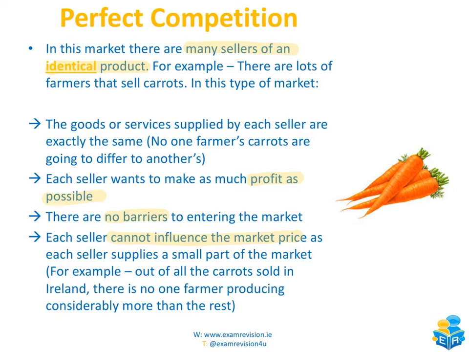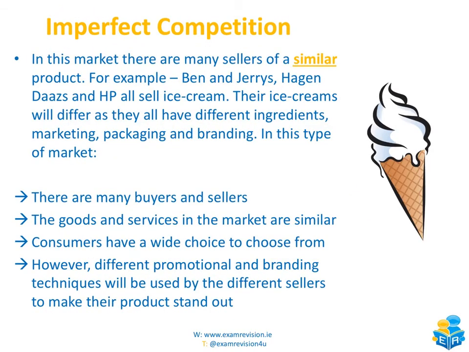You will, of course, have some farmers producing more than others, but that amount won't be considerably more than the rest of the competition. So in this way, products which are similar to this, we say that they are in the market of perfect competition. And the next market which we will look at is the market of imperfect competition.